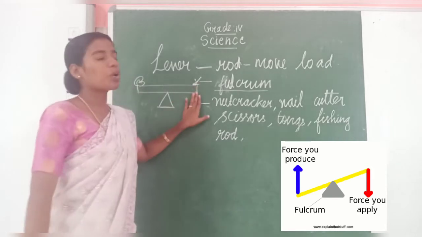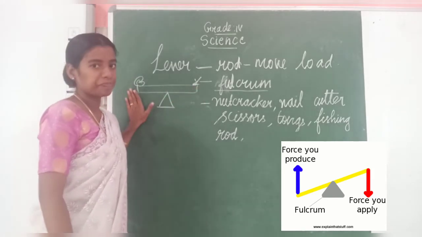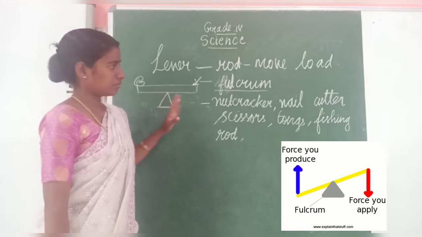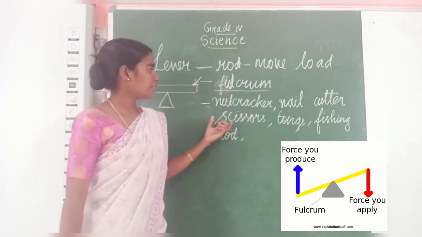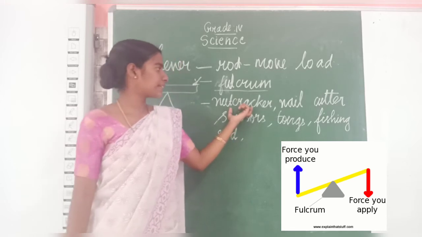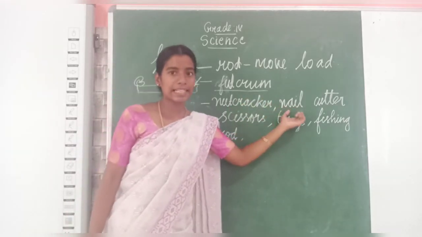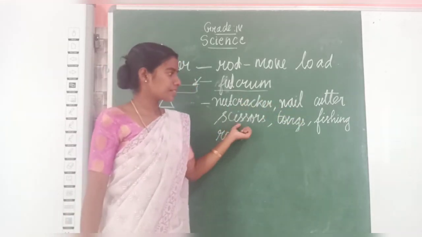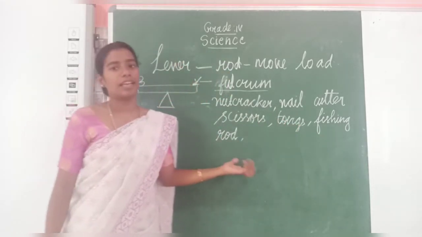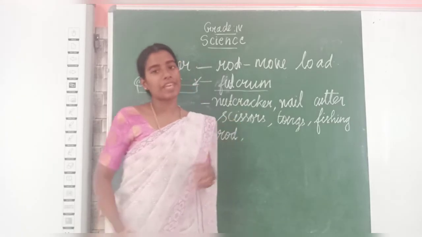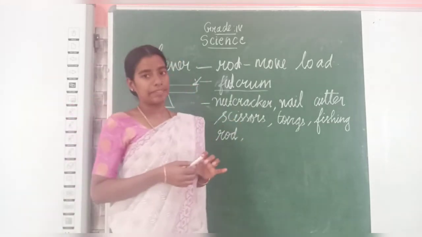When you apply this force, this object will move. Some examples of lever are nutcracker, nail cutter, scissors, tongs, fishing rod, etc.